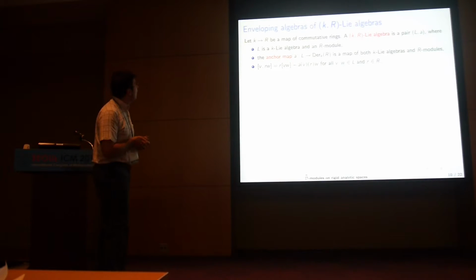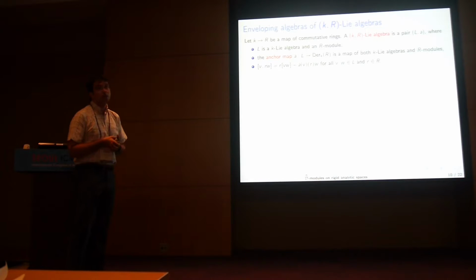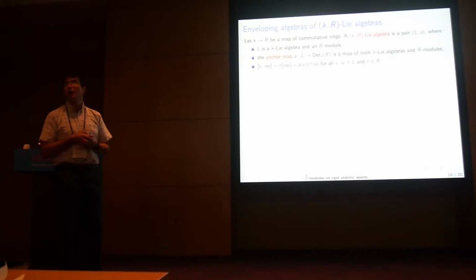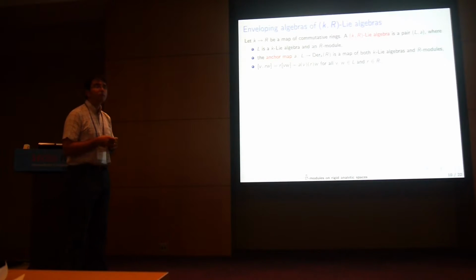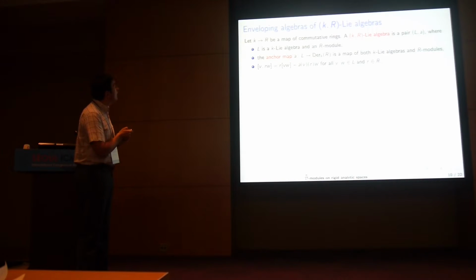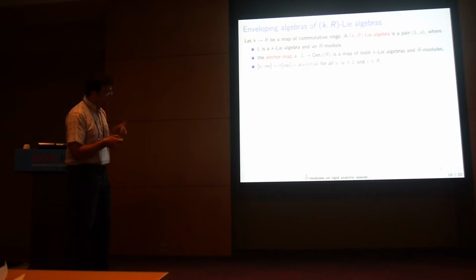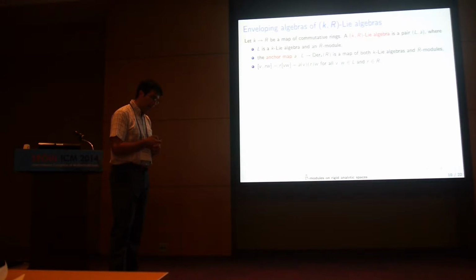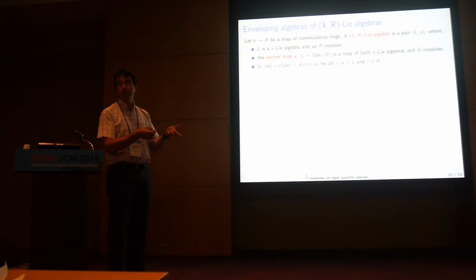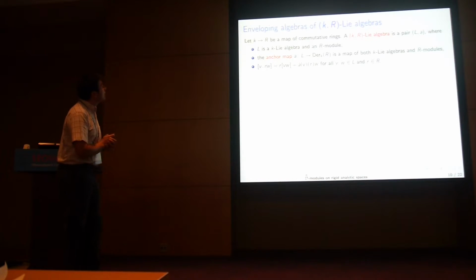And so the construction is to take the enveloping algebras of something called Lie-Rinehart algebras, or K,R Lie algebras. Okay, so you should think of this as a generalization of a Lie algebra. So it's some kind of Lie algebra which might not be finite dimensional over the ground ring. So what is a K,R Lie algebra? It's a very general object. So you start off with a homomorphism of commutative rings, K to R. K is a ground ring, no longer a field.